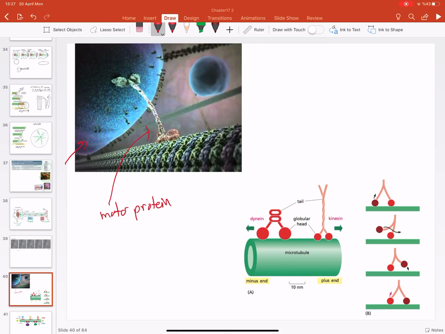This is the cargo. It is carrying some proteins and some other molecules inside. And here you can see another motor protein carrying another cargo. And of course, it doesn't have to be neuron only. We know that any kind of transport between ER and Golgi, Golgi and lysosome, plasma membrane to lysosome, endosome, they are all happening this way.